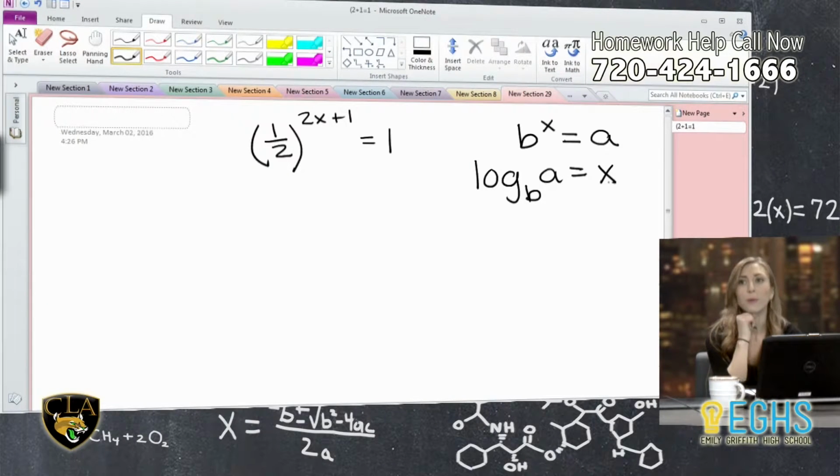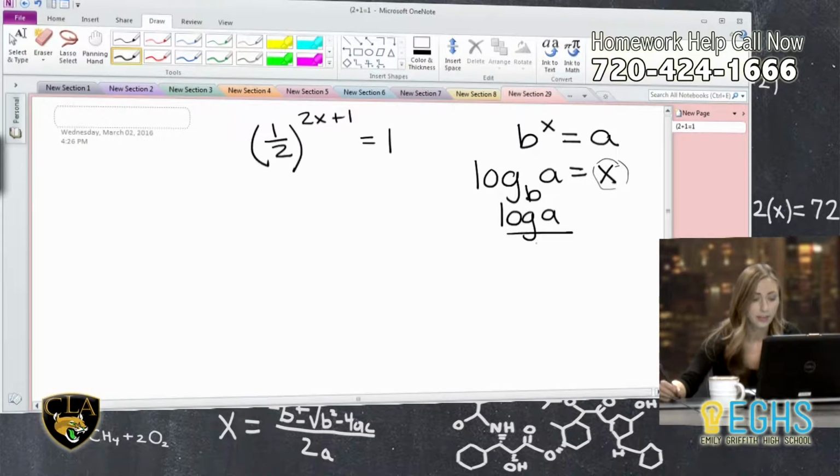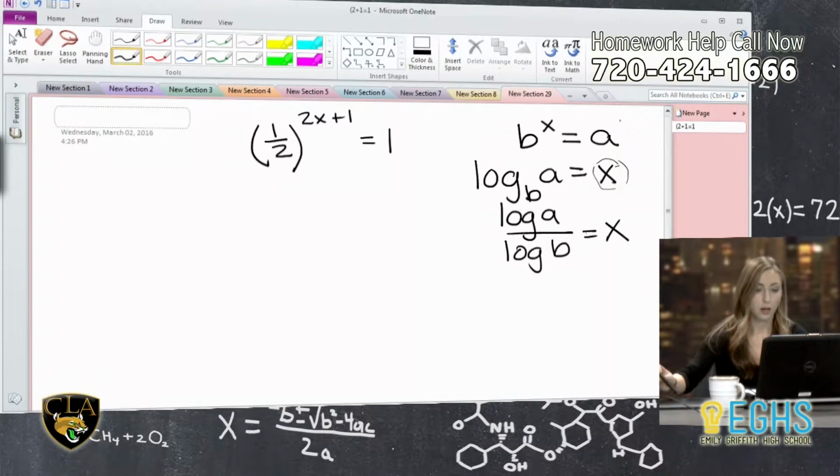When we rewrite it into that form, it rearranges everything so that your variable is no longer in a power and it's isolated. From there, we also have one more formula that we're going to be using, and we'll get to that at the end.